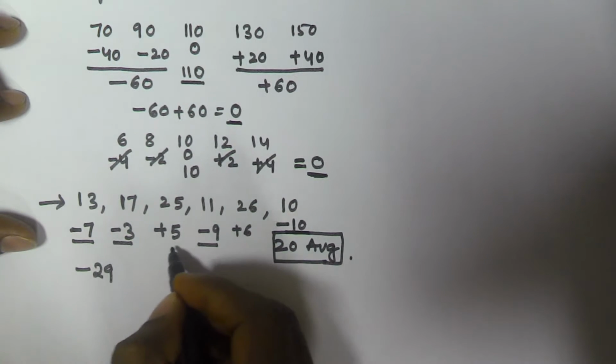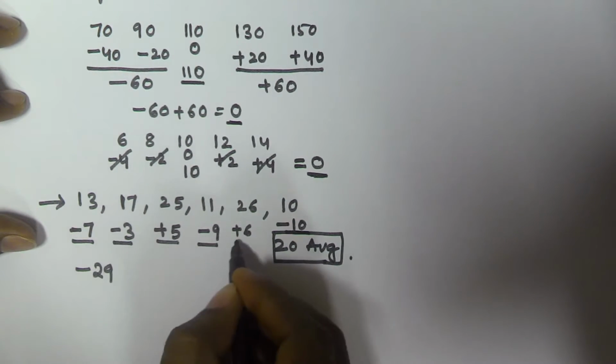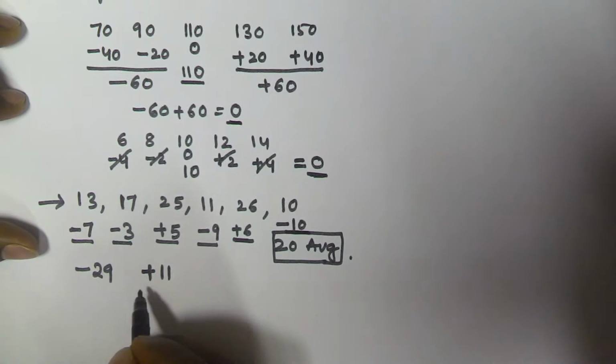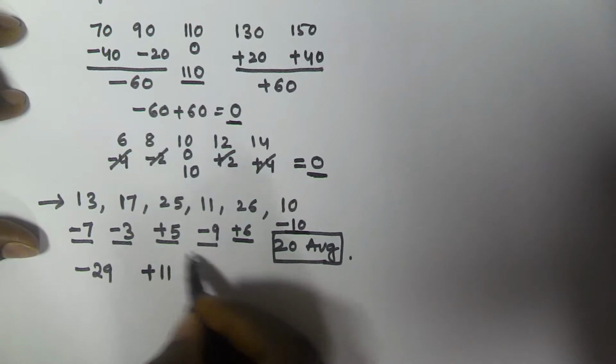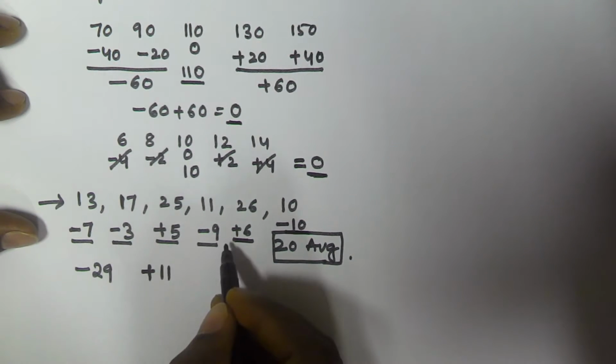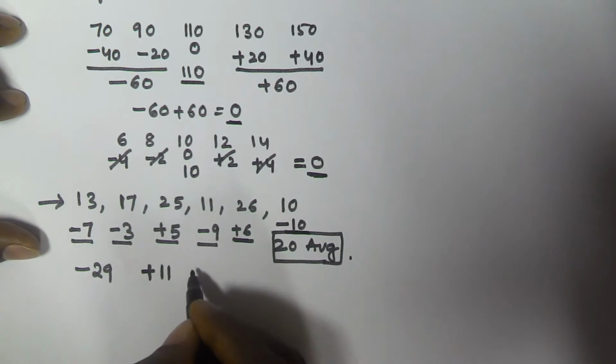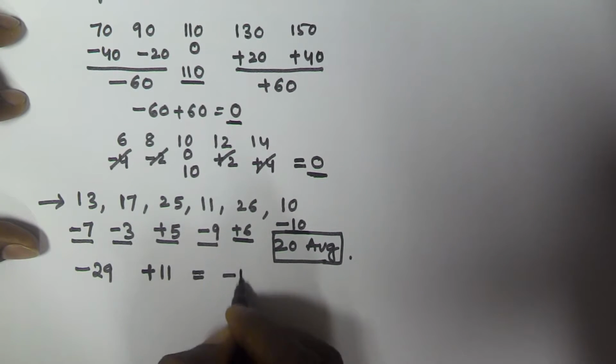The positive deviations we have are plus 5 and plus 6, so plus 11 deviation. So the sum of the deviations is going to be minus 18.